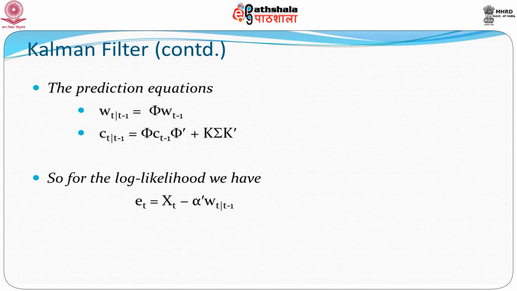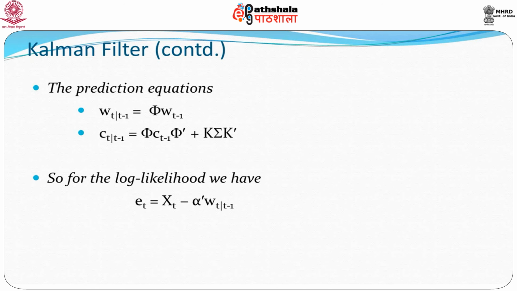So, we can put this in the regression form, and when we do that, the left hand side gives us the response in a regression model. We will call it the y. The right hand side has Wt, which is your betas, and I and alpha prime, which would act as the x, the design matrix, and the last term on the right hand side, the second one, is the error vector.